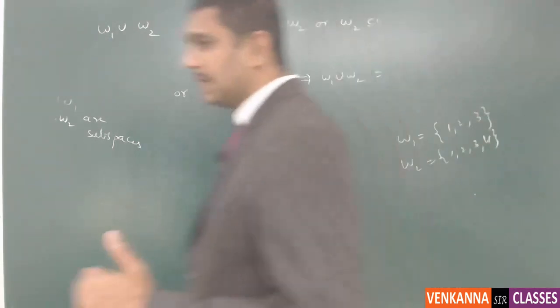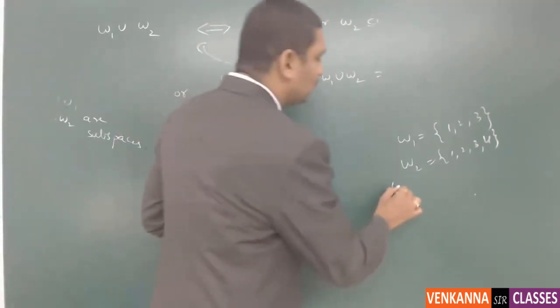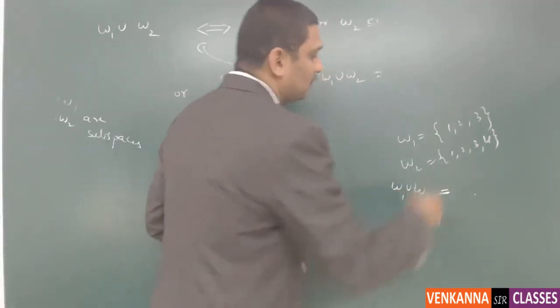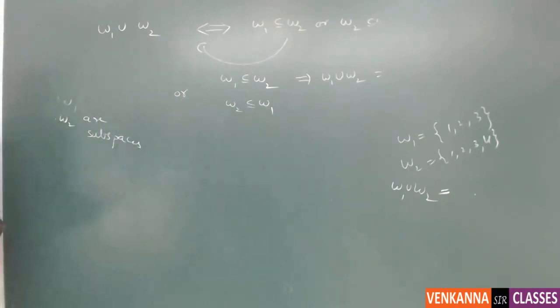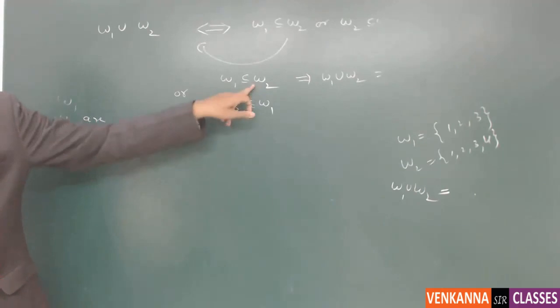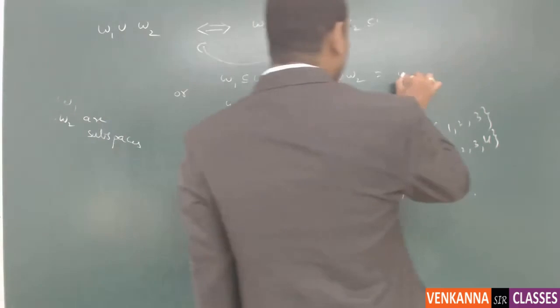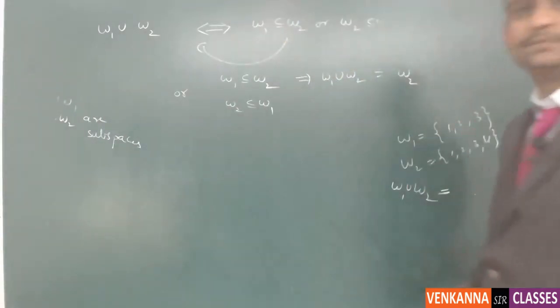So you agree that W1 is a subset of W2? Yes or no? Right. So from this, if you calculate the union, what is the result? Is it W1 or W2? W2. So whenever you take a subset pattern, the bigger one is nothing but the union. So here you will get that this is nothing but W2.